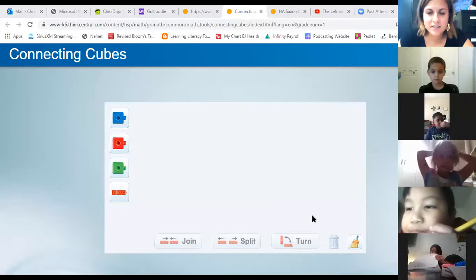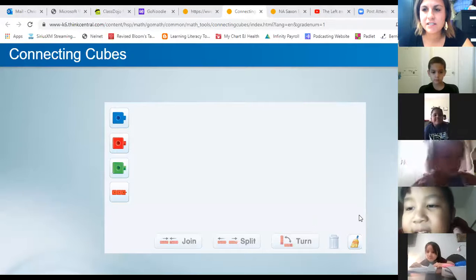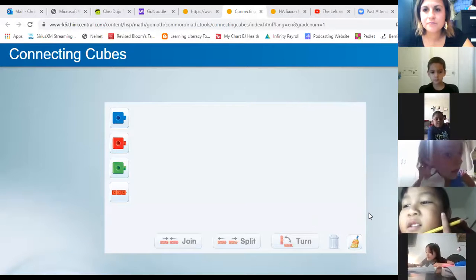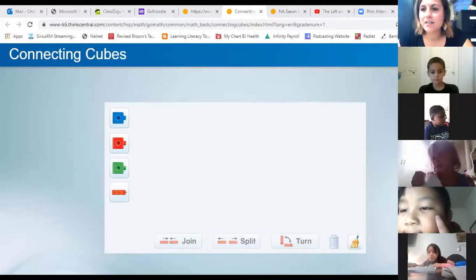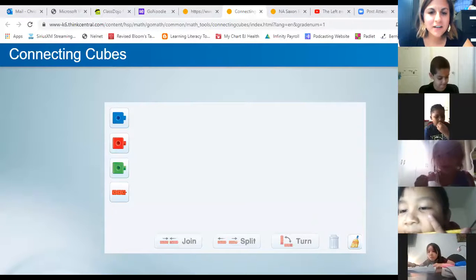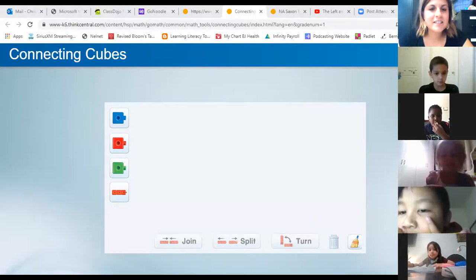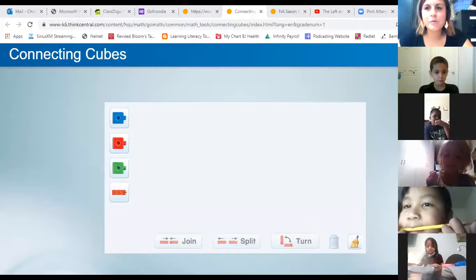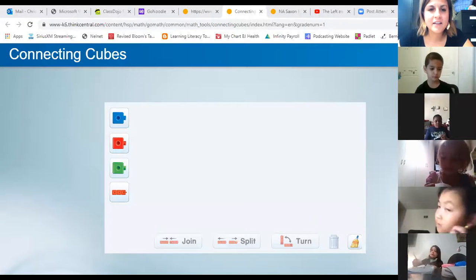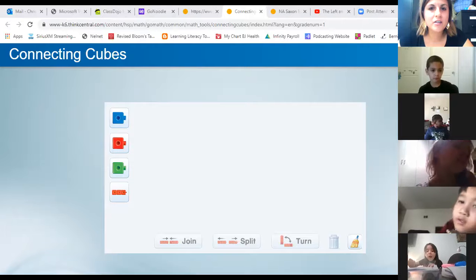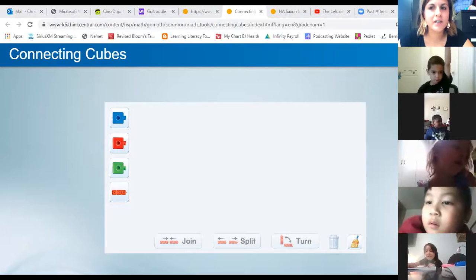So what was our number sentence? Can someone read the first number sentence on that page? Oh, actually, silly Miss Sloan, you can't because you're on mute. So let me look it up. Our first number sentence is 9 minus 1. So who can raise their hand and tell me how many cubes we would have to start with?